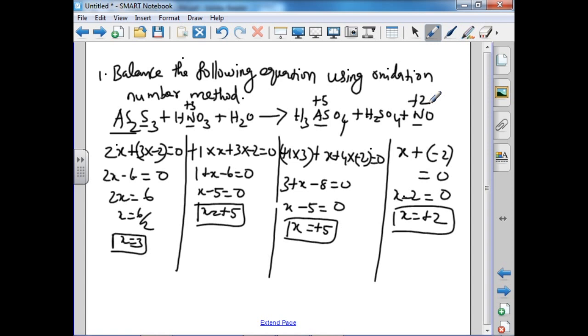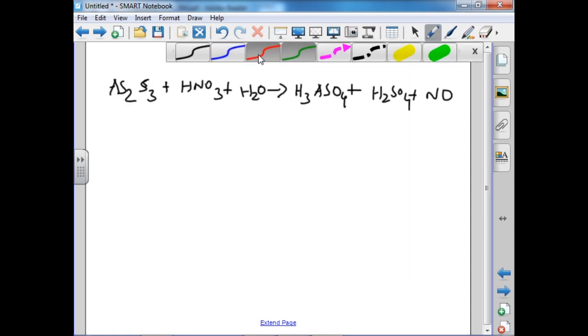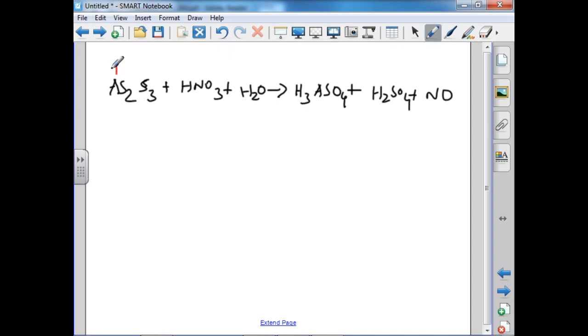Next we are going to calculate how many electrons are lost and how many are gained. The oxidation state of arsenic in As2S3 is plus 3. The oxidation state of sulfur in As2S3 is -2. The oxidation state of nitrogen in HNO3 is plus 5.